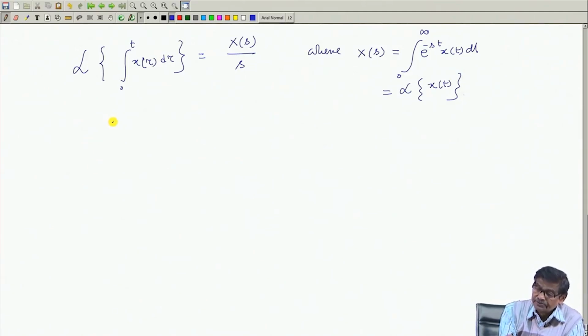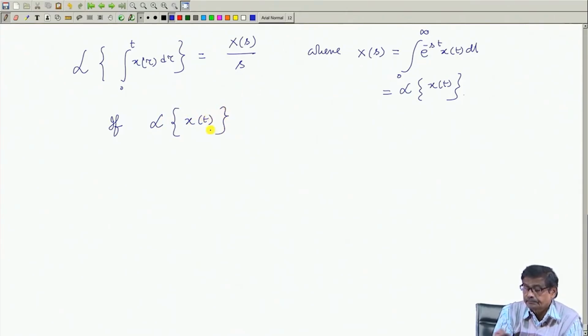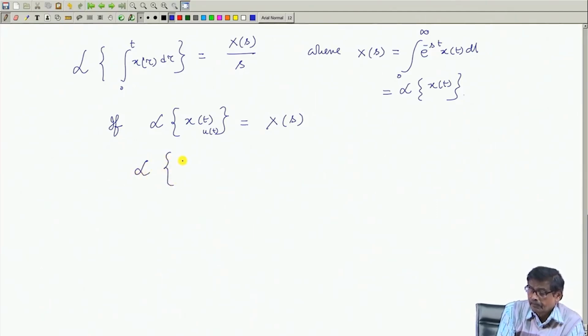This is a one line proof. If the Laplace transform of a signal x(t) u(t) is equal to X(s), what will be the Laplace transform of this function t x(t) u(t)?